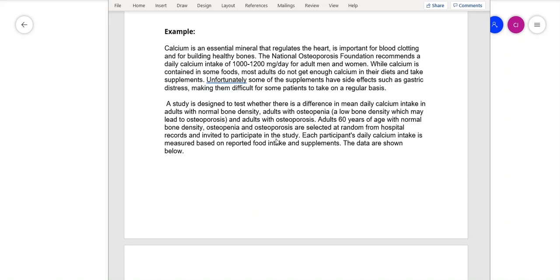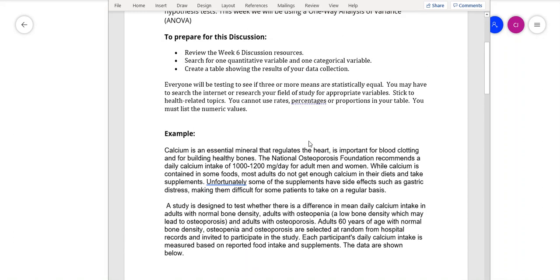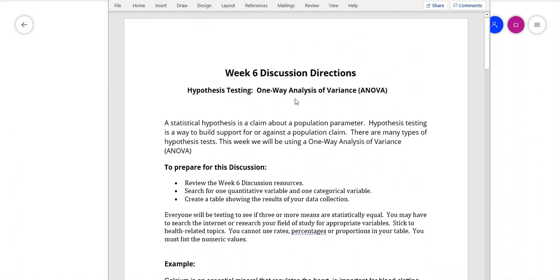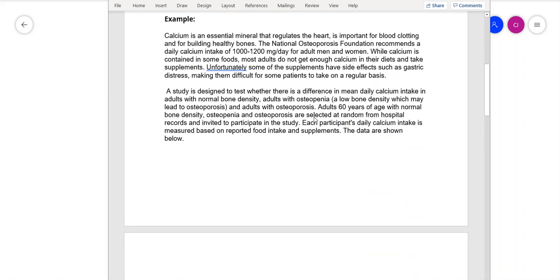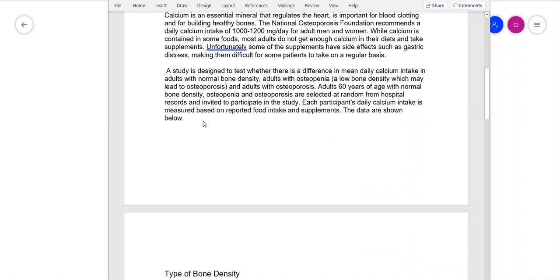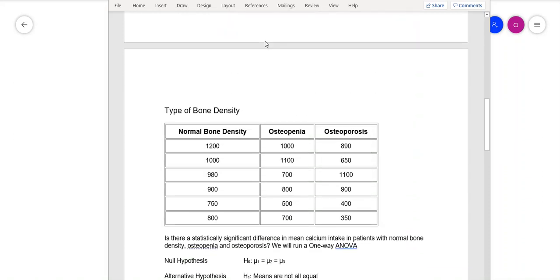This is fairly typical of the types of things that you can do, but there are a lot of different types of analysis of variance that you can run. This is just one particular one. When we say one-way, what we're looking at is one categorical variable, and that's not the calcium numbers in here.